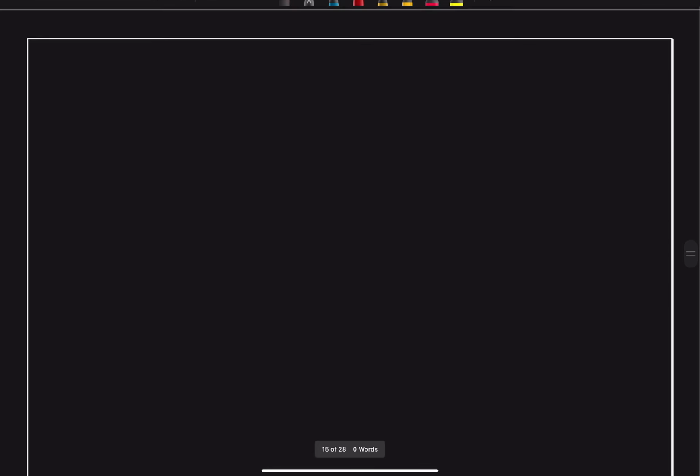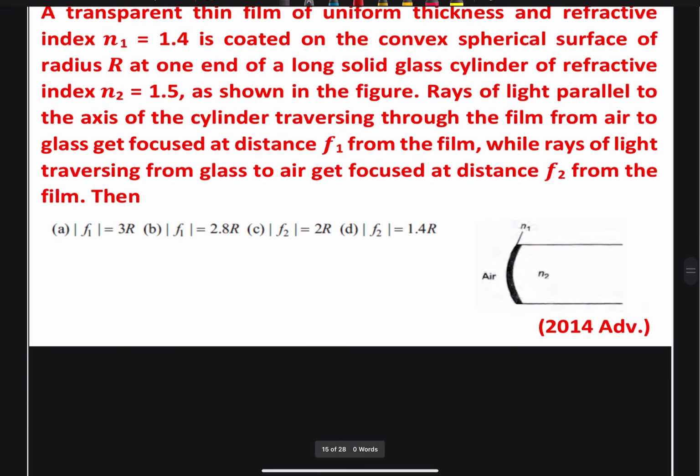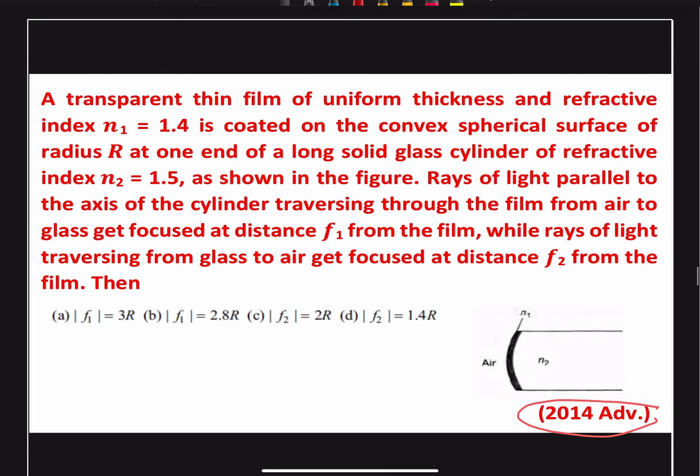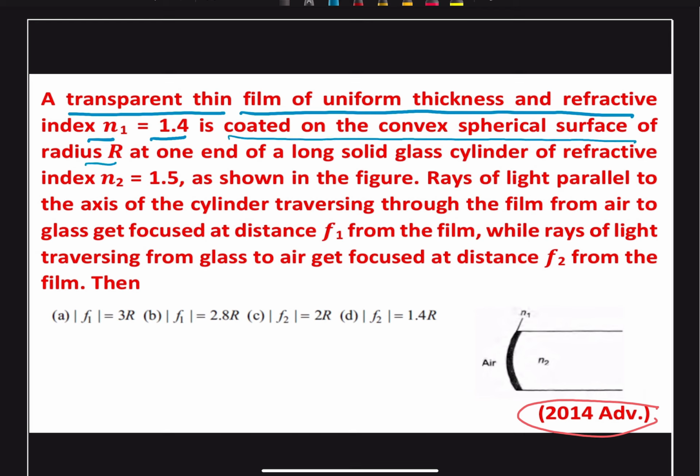The next question was asked in the 2014 Advanced, and it states that a transparent thin film of uniform thickness and refractive index N1 is equal to 1.4 is coated on a convex spherical surface of radius r at one end of a long solid cylinder of refractive index N2 1.5 as shown in the figure.